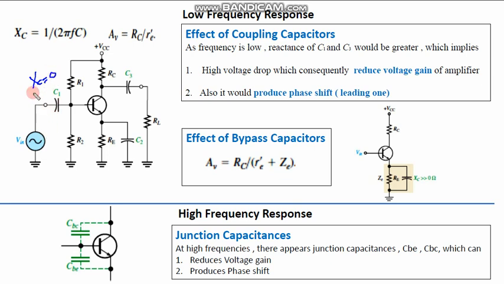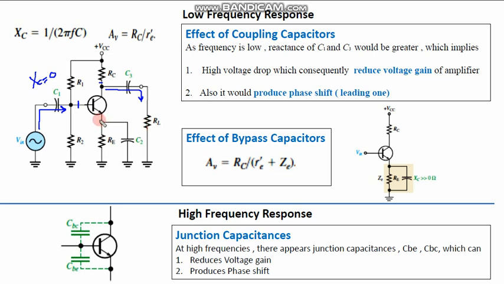When XC is equal to 0, the signal goes and finds C1 as a short circuit, a short path, and it is then readily available at the base of this amplifier. Similarly, if the signal is in the collector terminal, it finds C3 as a short path towards the RL.